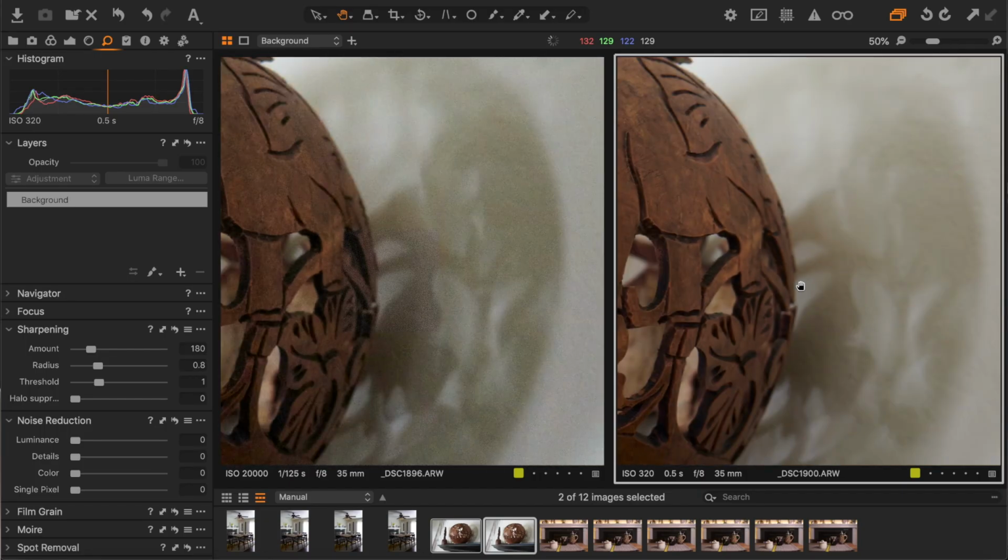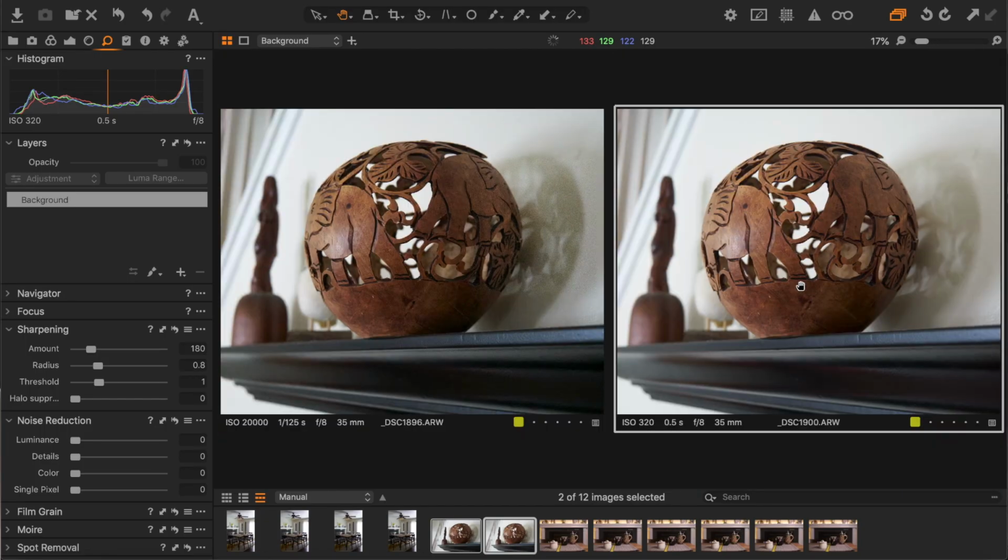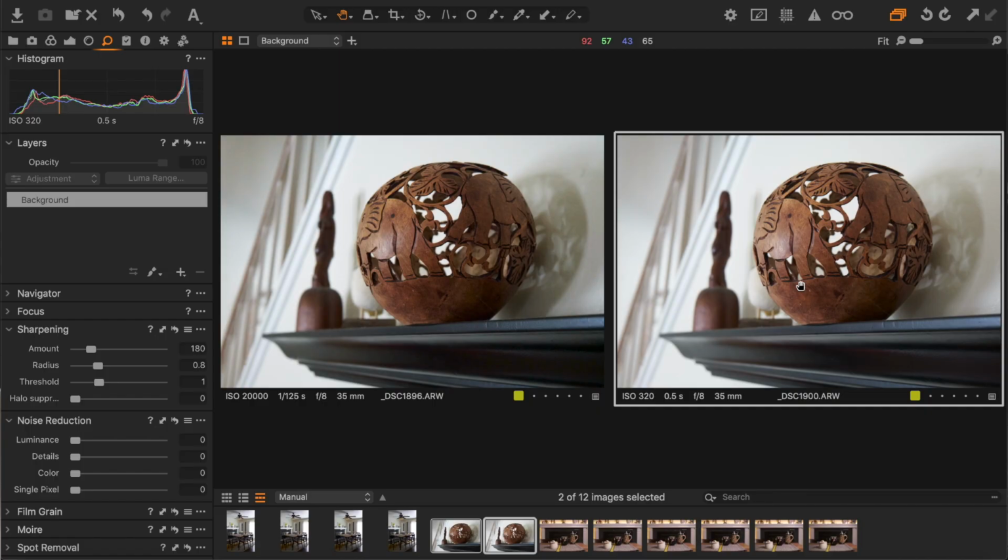So this ought to be a good visual example of how ISO works. And then one last point: in order to compensate for my exposure, because ISO 20,000 is many stops greater than ISO 320, I was at 1/125th of a second, and I had to go all the way down to a half second in order to maintain about an equivalent exposure, because they're off by just a slight bit.